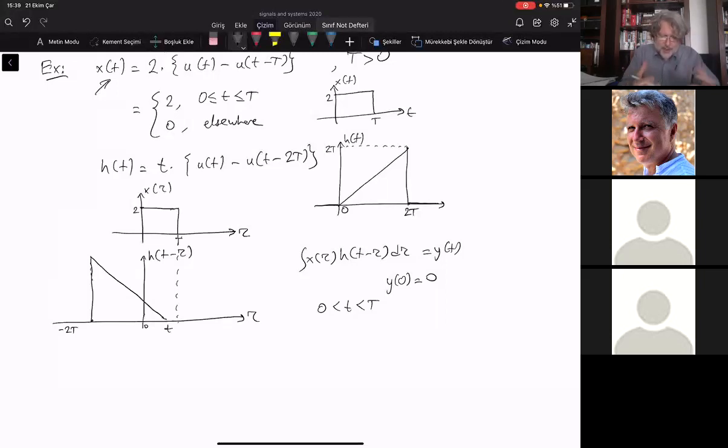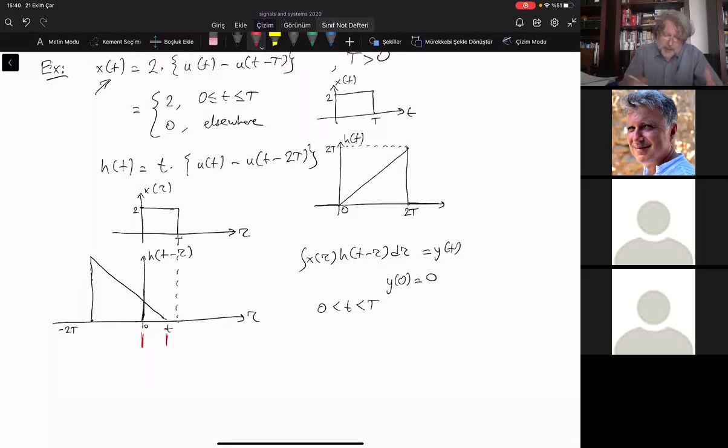Now, what is the amount of overlap? The overlap is from 0, let's draw it with red, from 0 up to capital T, of course, but it ends at t. So from 0 to t, there is an overlap. Anything greater than t or anything less than 0 is zeros. And in between, I come up with some multiplication.